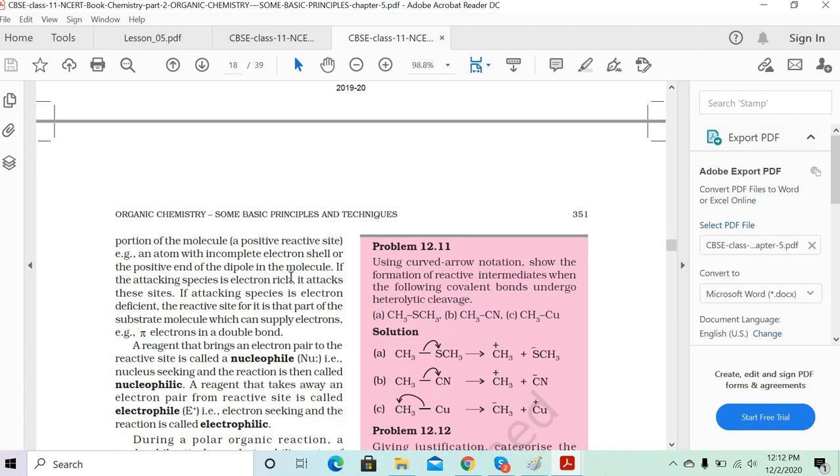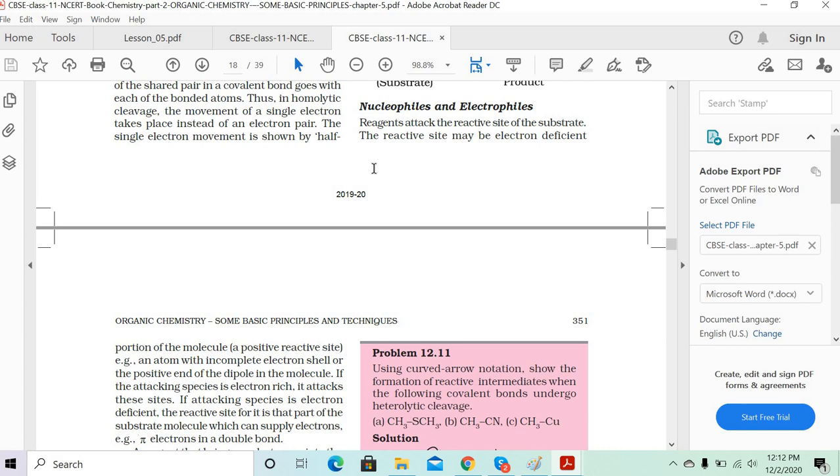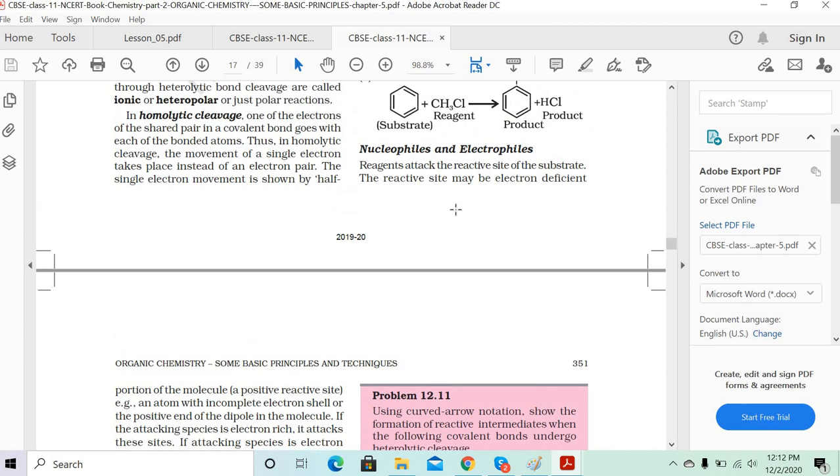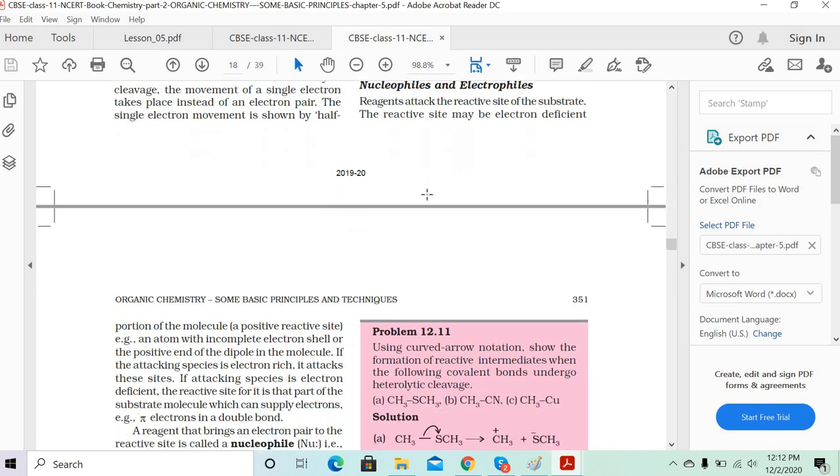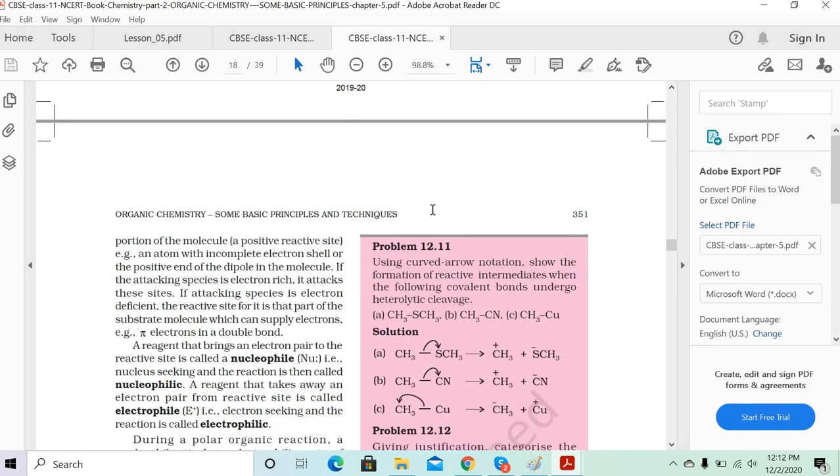It is the reactive side, whatever the reagent is, that is going to attack the substrate.